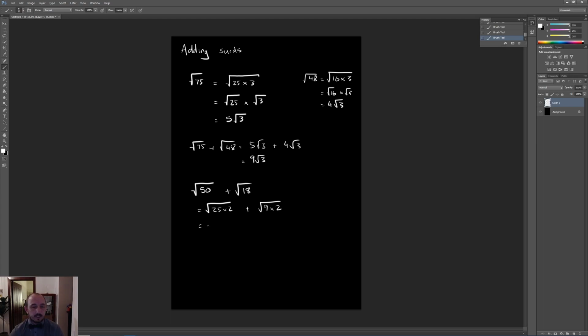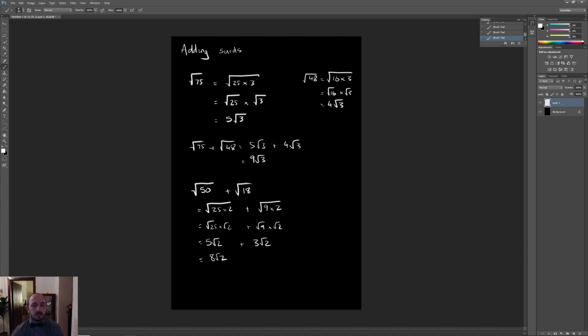We can separate these out, so root 25 times root 2 plus root 9 times root 2, and then we can simplify these, so 5 root 2 plus the square root of 9, 3 root 2, and that is 8 root 2. Okay.